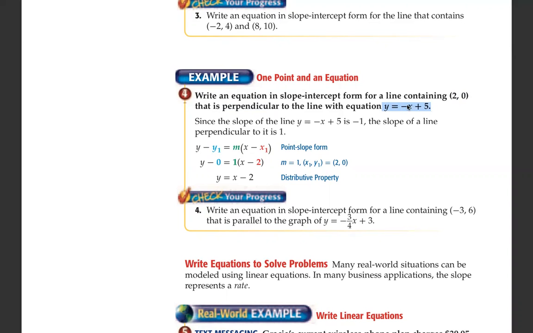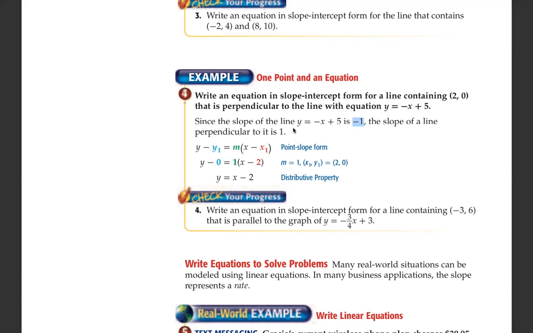So we have to identify the slope of this line. This is an equation in slope-intercept form because it's only y on the left side. So whatever is the number before your x, that is your slope. Since it's just a negative sign before the x, it's understood that the slope here is negative 1.